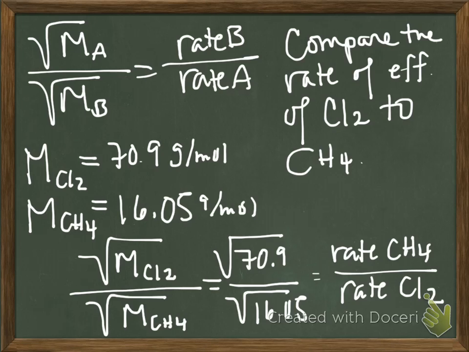This is one of those kinds of problems where you can get the correct number and still get the question wrong, because just like with limiting and excess, you have to know what to do with the number that you generate. Now, I will say, if you put the heavier gas on the top of the mass part of the equation, you get a number that's a little bit easier to understand and work with.